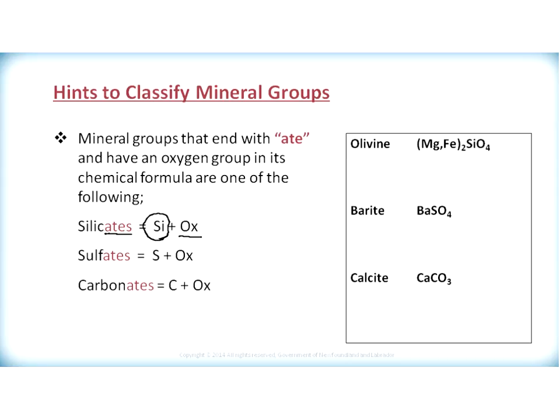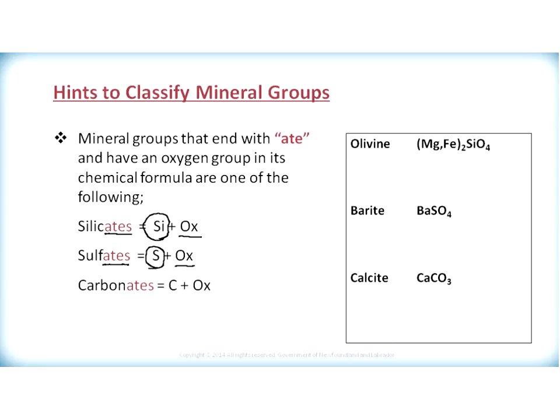The second mineral group we look at in Earth's crust again ends in ATE. Therefore, it has an oxygen group. The X in this case represents some number: O2, O3, O7, etc. But if we look at the element directly in front of the oxygen group, we see that it's sulfur.